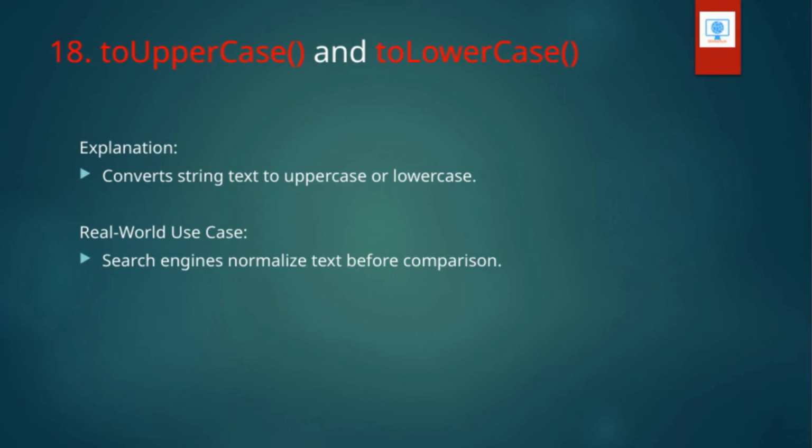The methods we're referring to are toUpperCase and toLowerCase. They are straightforward but incredibly useful in making your programs more flexible and user-friendly. So, whether you're handling user input or processing data, these functions are essential tools in your Java toolkit.